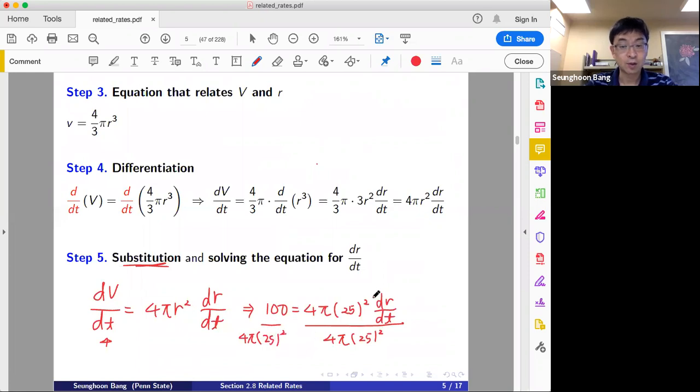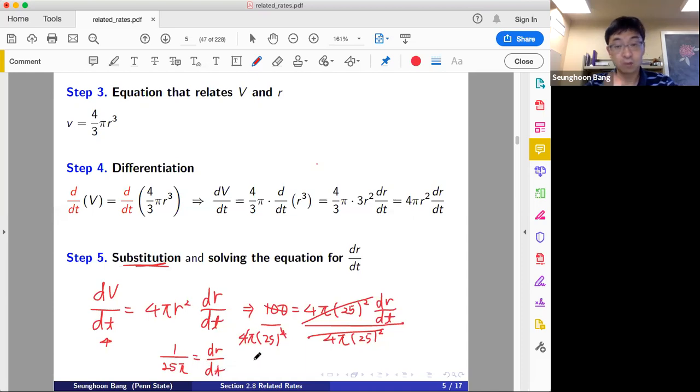So what happens? Whole thing is crossed out. Here, 4 and 25 cross out, totally 100 crossed out. The remaining part is 1 over 25 pi equals dr over dt.